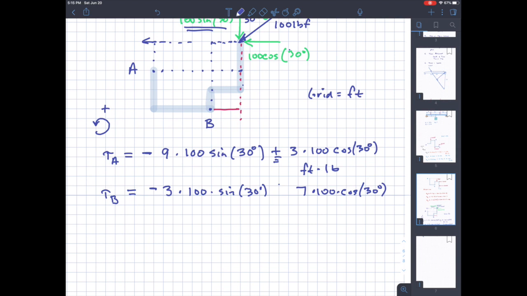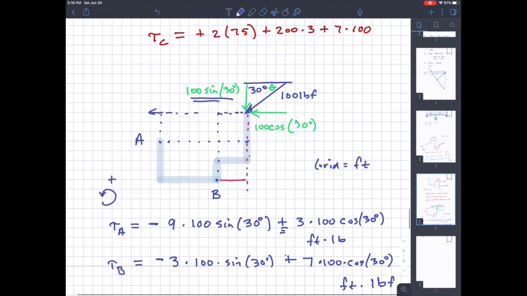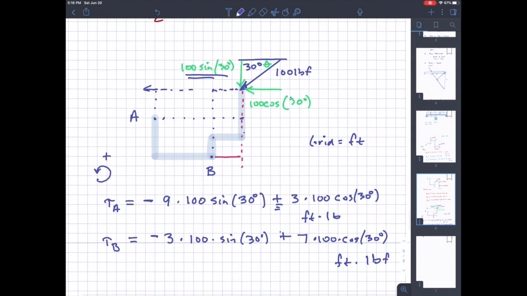This would cause the rotation to be counterclockwise, so this would be a plus sign. Again, the distance was in feet and the force was in pounds, so this gives me a torque in foot-pounds. That's simple enough. I'm going to stop there, and I think that from here on we'll be able to quickly resolve how to calculate moments about any point.